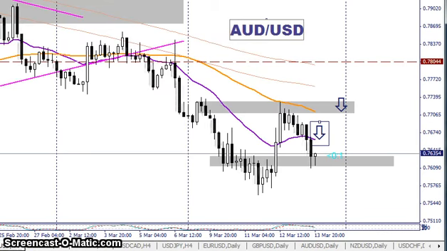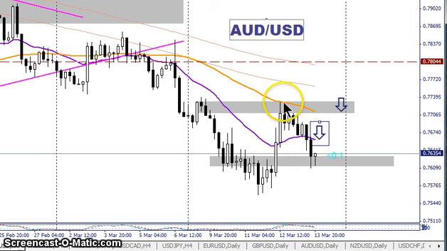Now we go to the Australian USD. Again, on a 4-hour chart, you can see price did come down quite a bit, but in the last couple of days, price went up again. It did break the 21 EMA and went all the way up to this short-term resistance area drawn in by the gray rectangle.